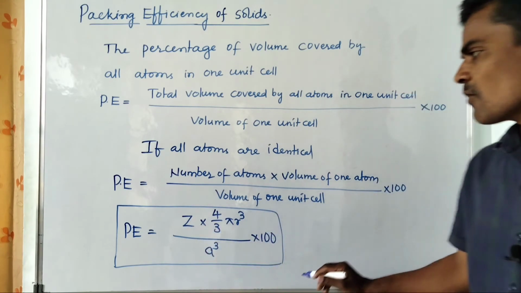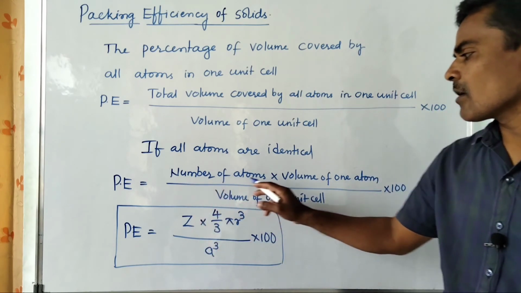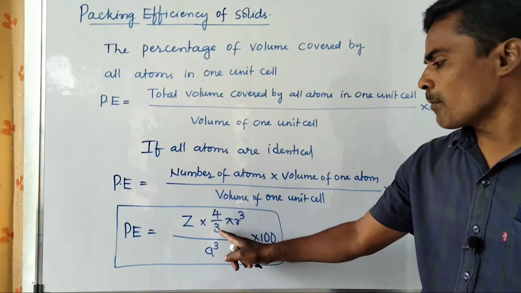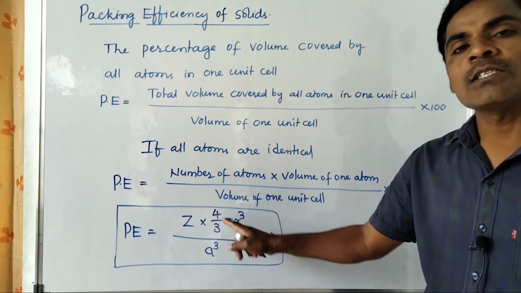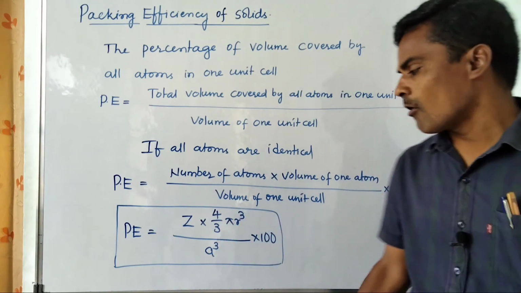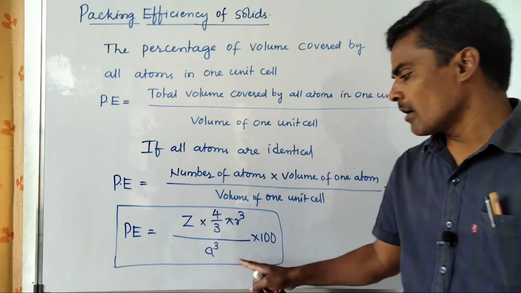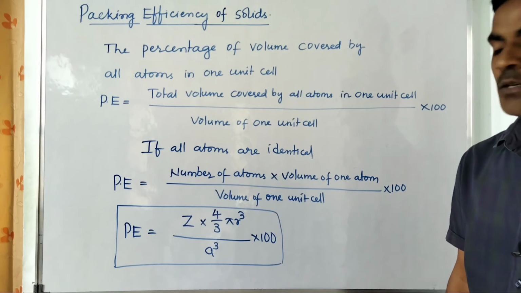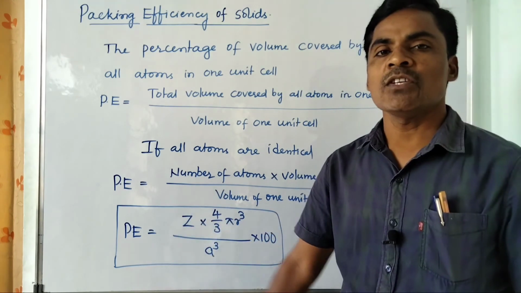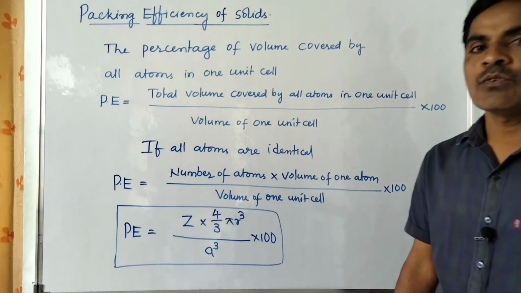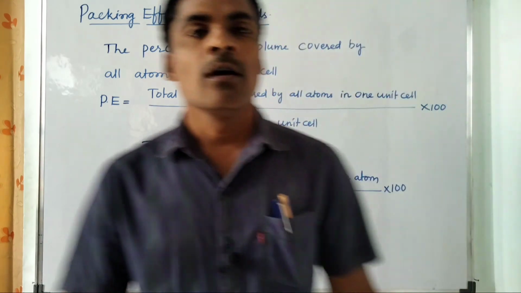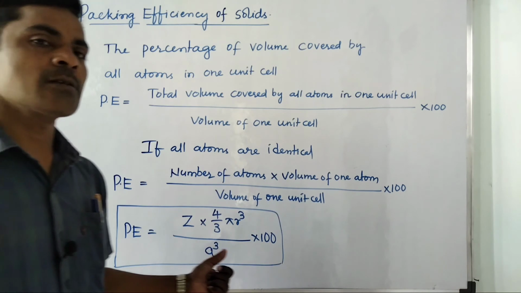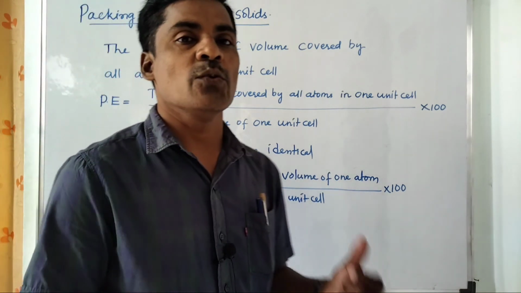So where Z equals what now? Z equals the number of atoms present in a unit cell, and 4 by 3 pi r cube means what now? It is volume of one atom or volume of one sphere, upon a cube, which means what? It is volume of one unit cell. Okay, so to find the packing efficiency of various unit cells, we should find the number of atoms present in various unit cells.